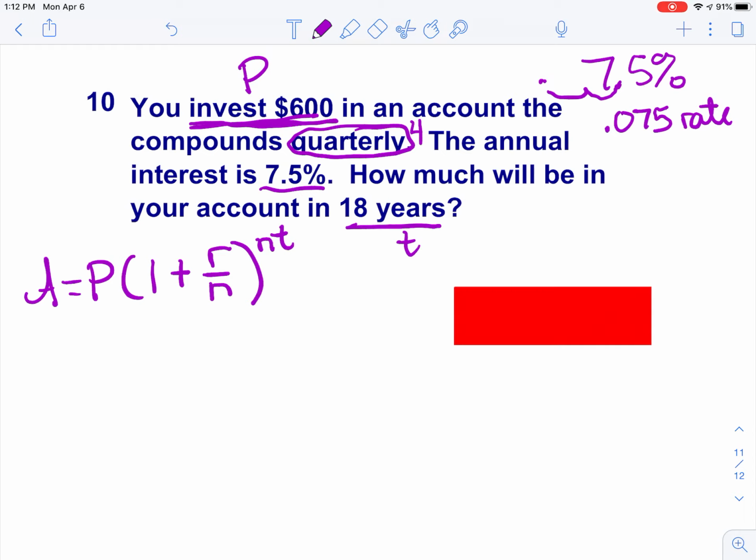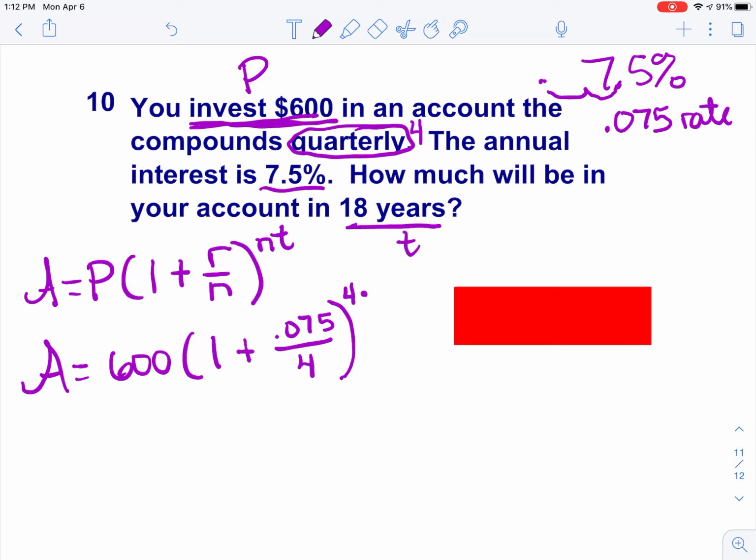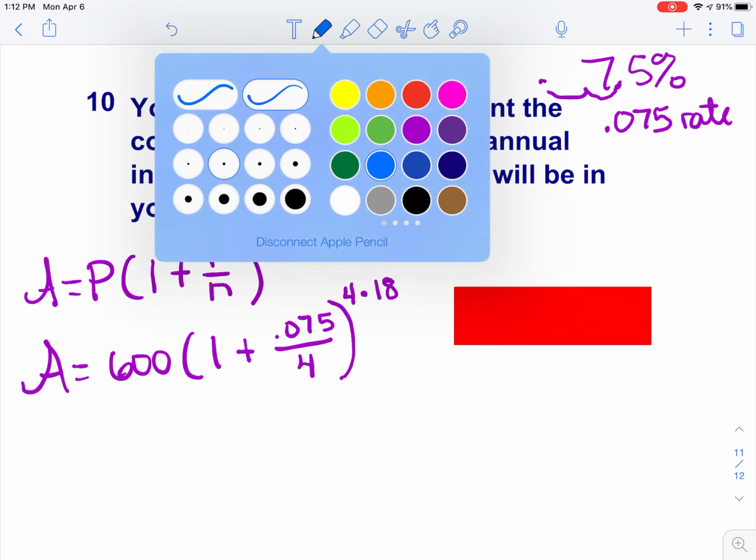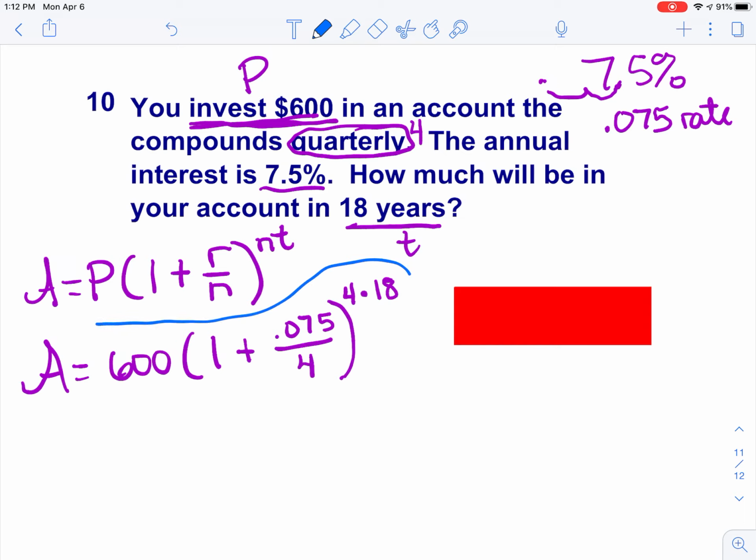So put this into your calculator. A equals 600 times 1 plus 0.075 divided by 4 to the 4 times 18. Put that whole amount, this whole thing in your calculator at once.